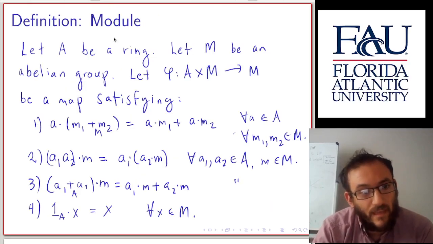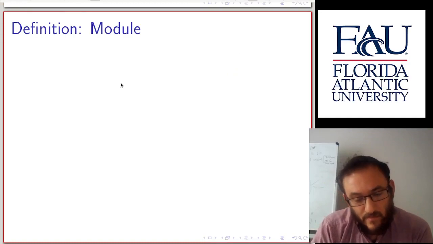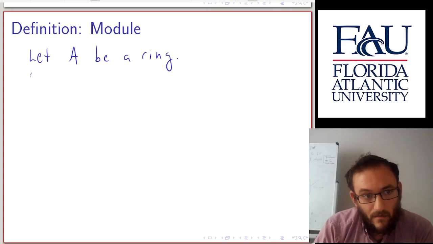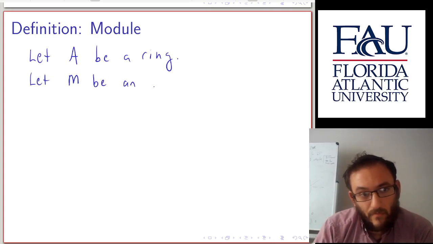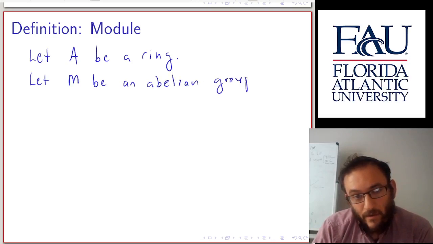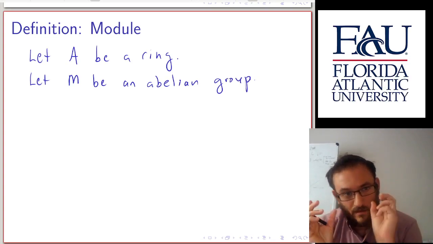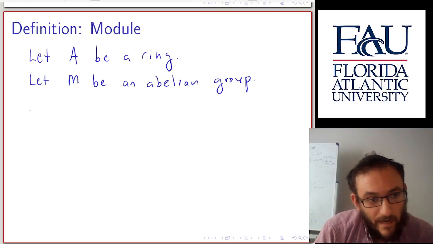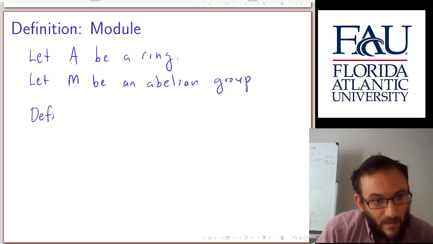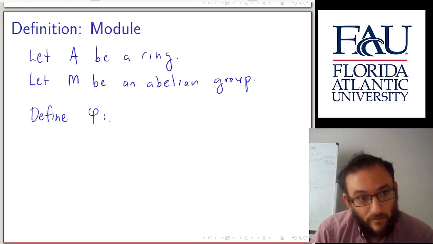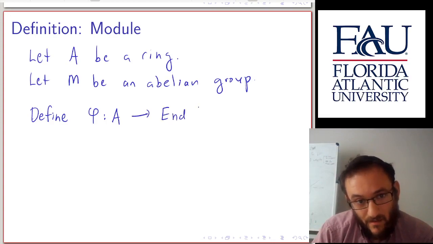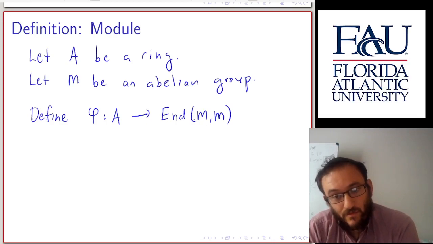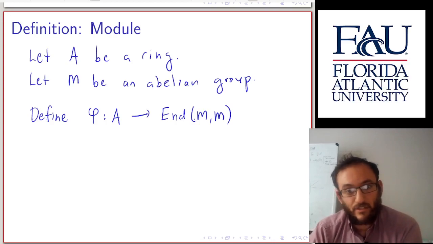Okay. So one thing I want to point out is that instead of these detailed axioms, another way you could describe this would be to say, okay, we have our ring A and our abelian group M, and now instead of having a multiplication map, which we treat as a map from the direct product A by M to M, what we're going to do is define a ring homomorphism from A to the endomorphism ring of M. Okay, so this is the ring of maps from M to itself, with composition as the multiplication operation, and addition as element-wise addition.